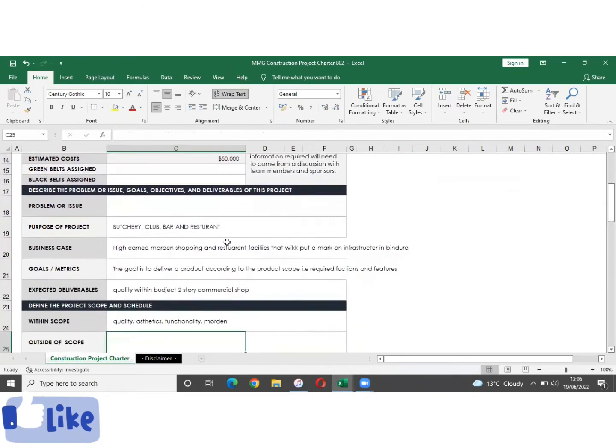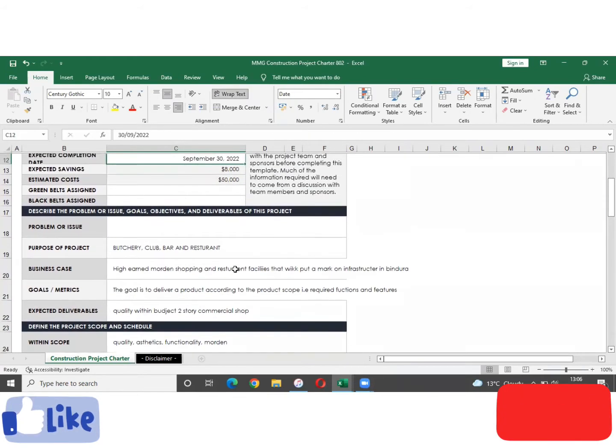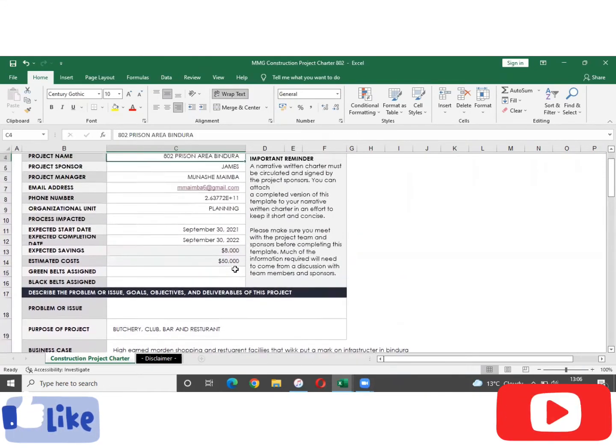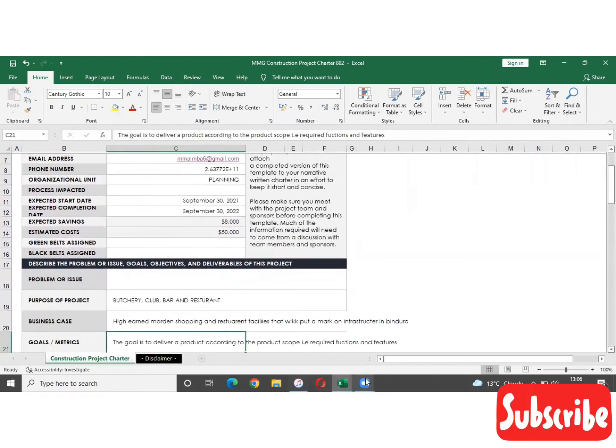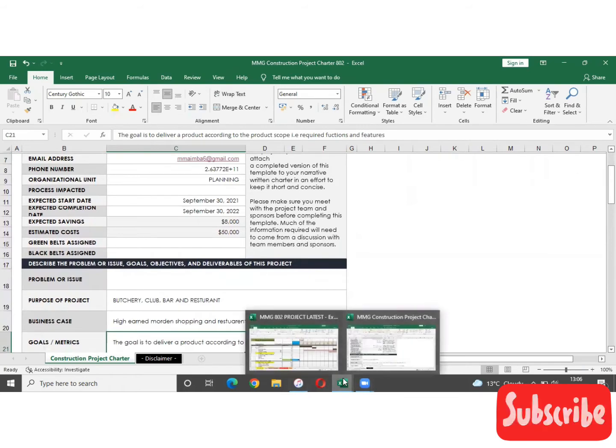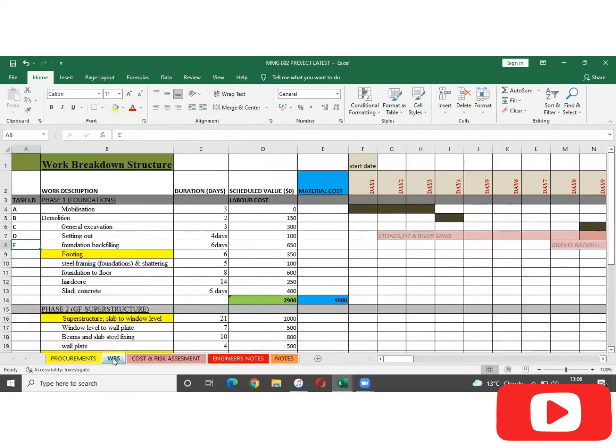In this case, we're trying to achieve a modern facility with new shopping experience. By so doing, we are putting together a project team that will help you define the project resources and their costs. It will also help you move on to creating your work breakdown structure.